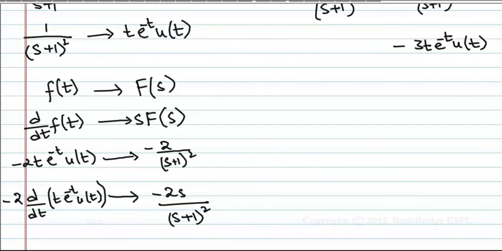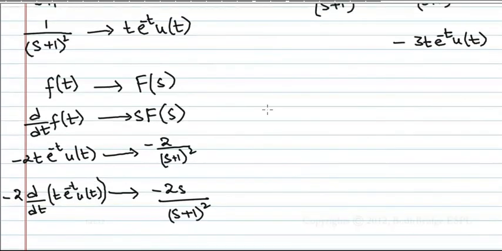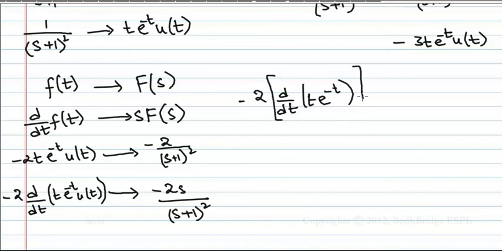Therefore we should differentiate this. Now what is the differentiation? Minus 2 d by dt of t e power minus t. Don't take u of t, it's not needed. U of t just says that the signal exists for t greater than 0.